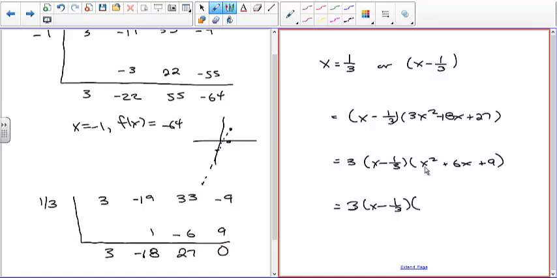So it's got x, two numbers multiplied together give you 9. 1 and 9, 3 and 3. 3 plus 3 is 6. So that looks like the good choice. It's positive. So you get x plus 3. So what you can say is, the zeros in this case are going to be x equals 1/3, and x equals -3.